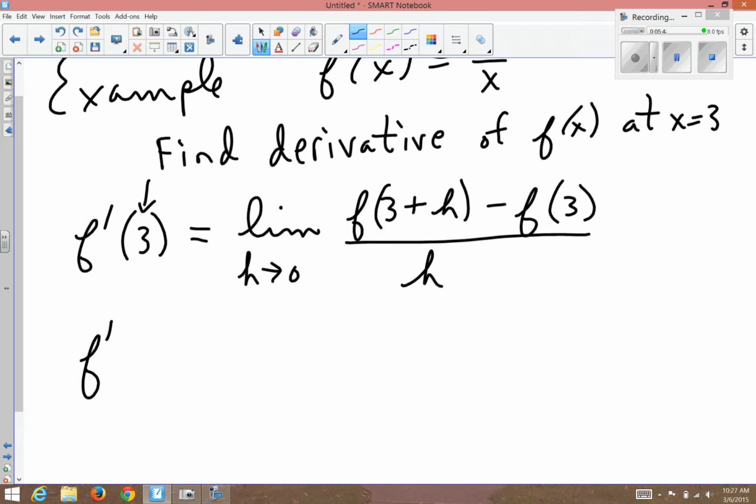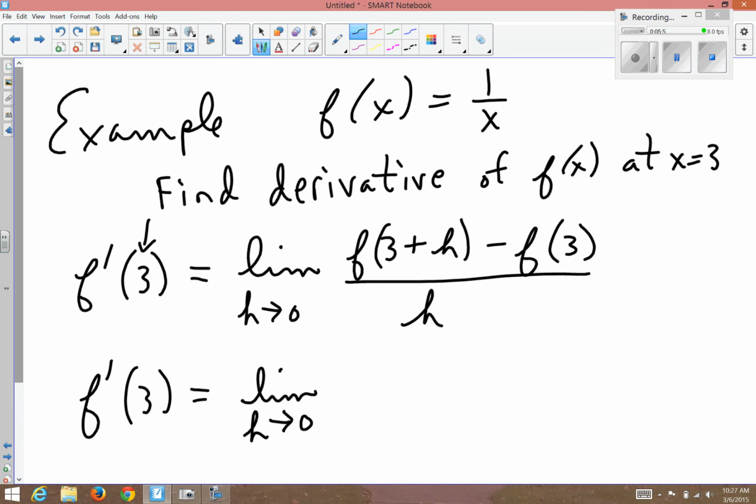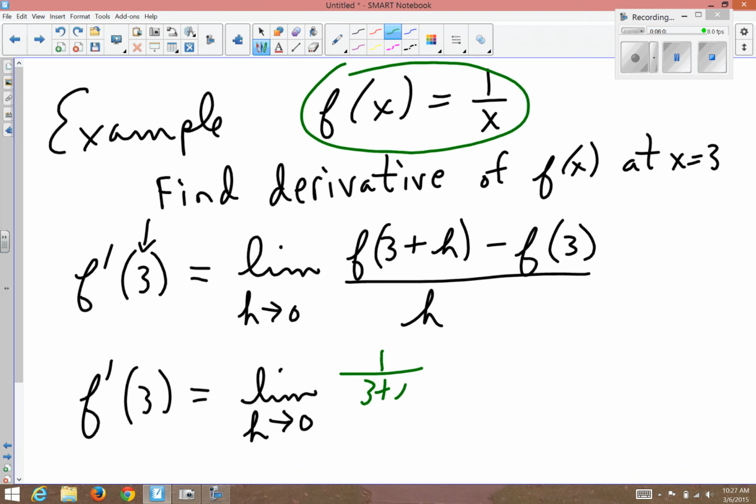The derivative of the function at x equals 3 is the limit as h approaches 0. F of 3 plus h, in this example, f of 3 plus h is 1 over 3 plus h. This notation, function notation, means put 3 plus h in place of x.